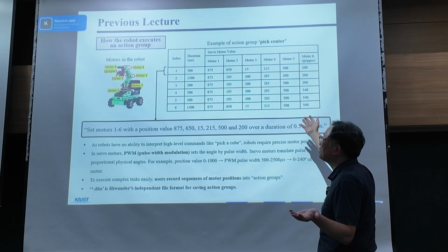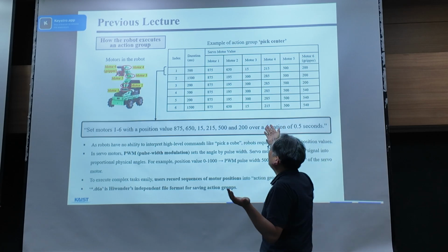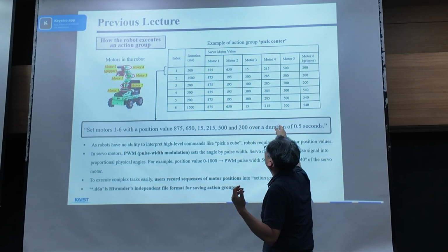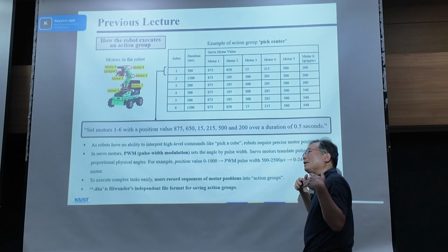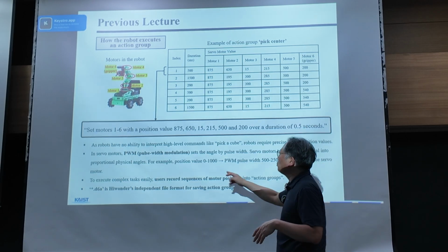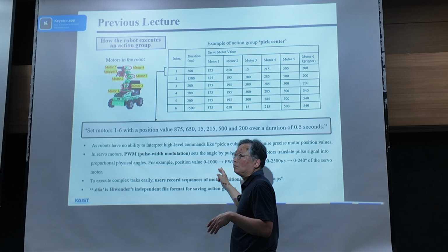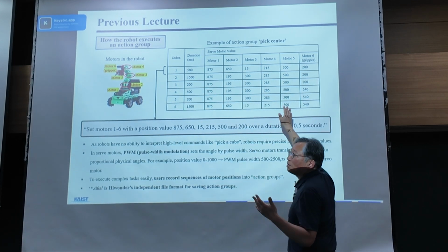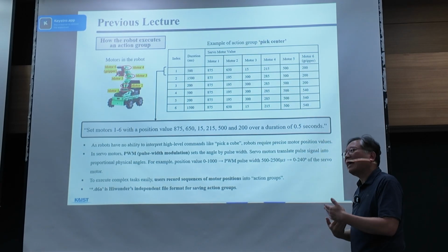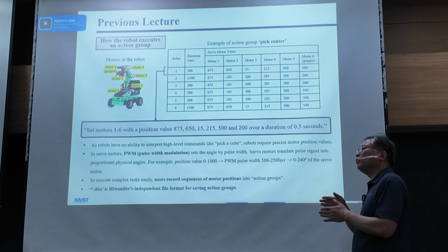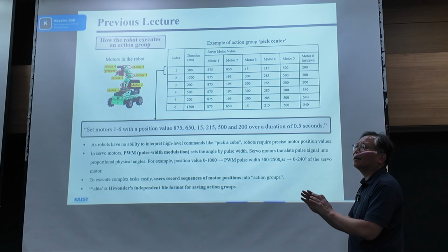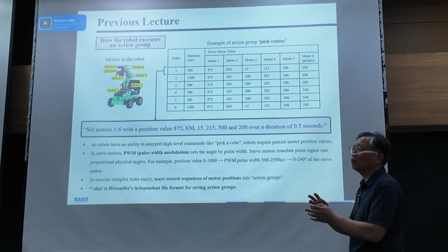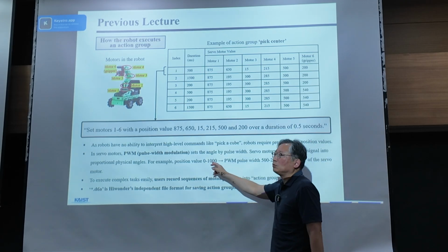We're going to define this pick center, and in the pick center, each motor is going to be given a value between 0 to 1,000. That would relate to the angle and various controls of the robot.